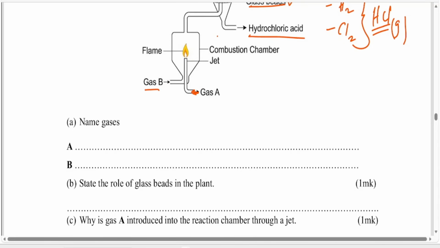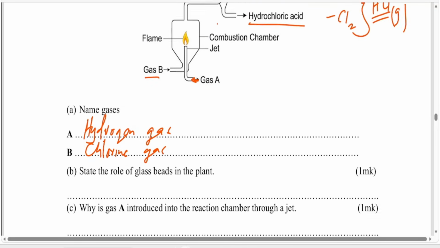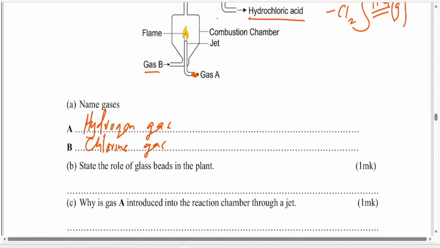Gas A is hydrogen gas. Gas B, which is passed in excess, is chlorine gas. Each of these was 1 mark.